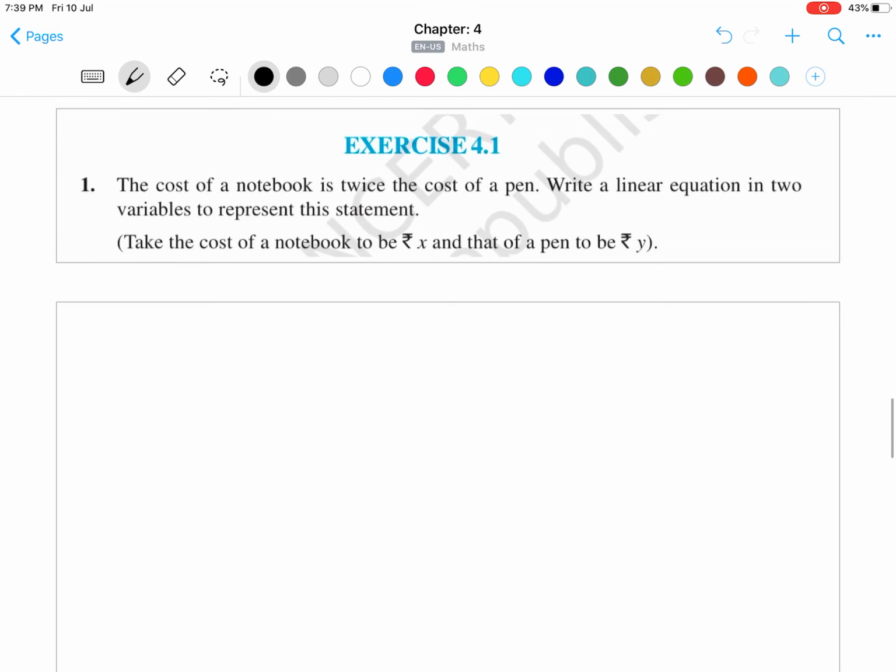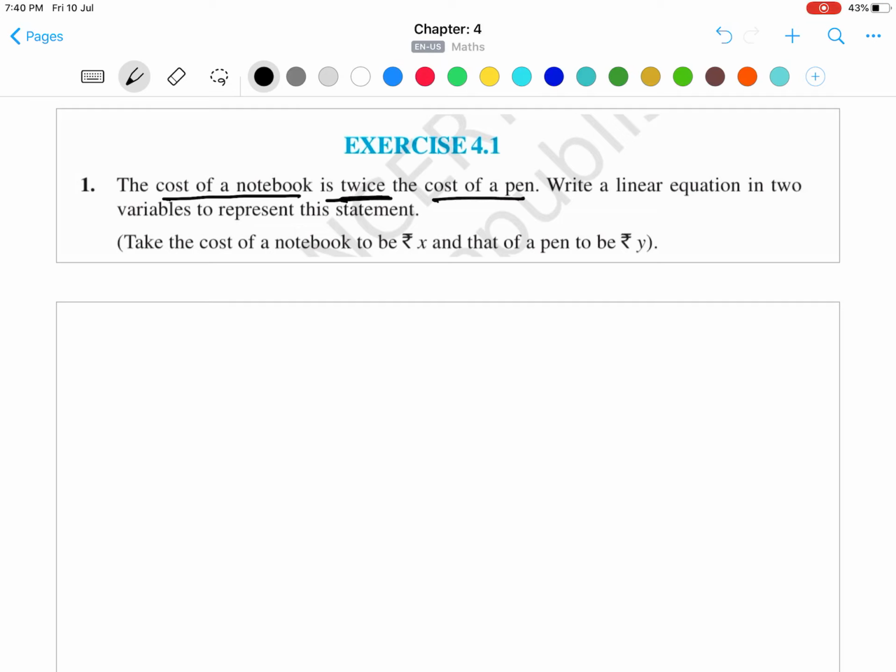similarly we have this exercise 4.1. This exercise has only two questions. Okay, so the first question of the exercise 4.1 is, the cost of a notebook is twice the cost of a pen. Write a linear equation in two variable to represent this statement. So what we are given is, the cost of notebook is twice the cost of pen.